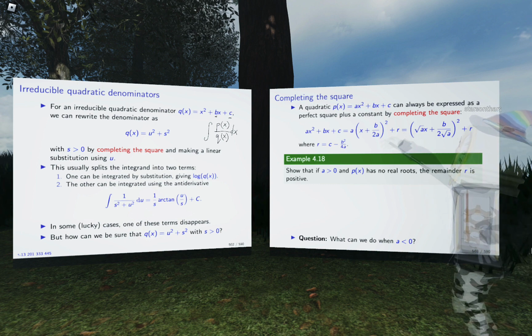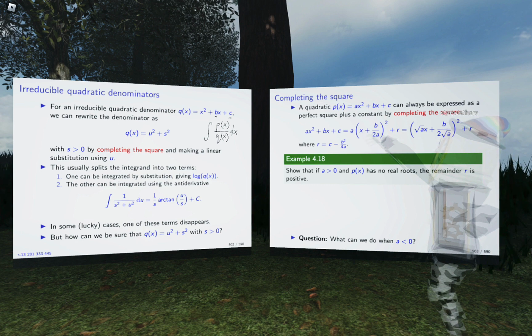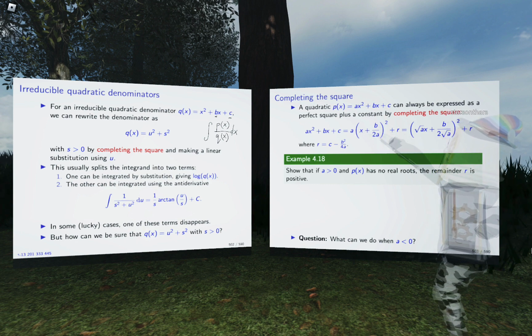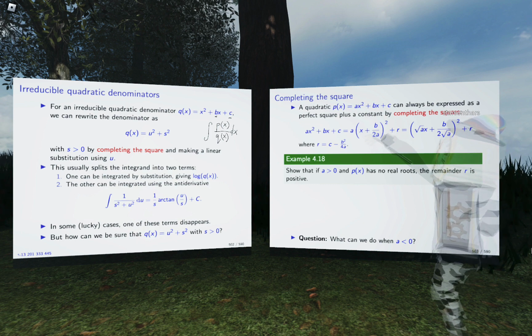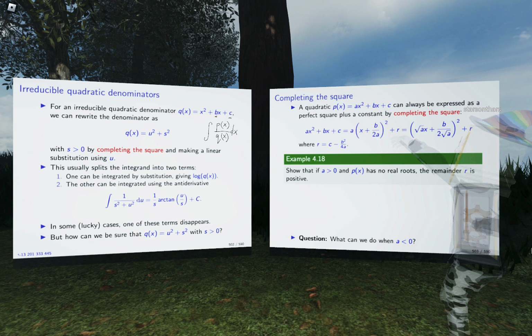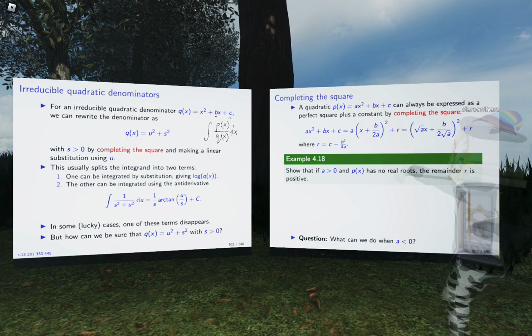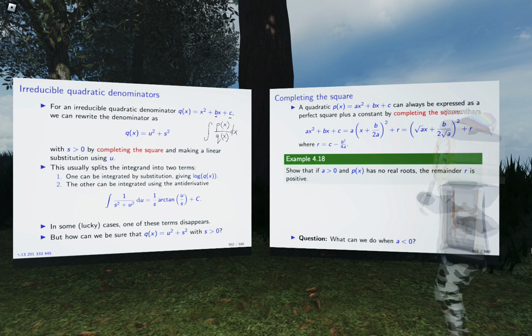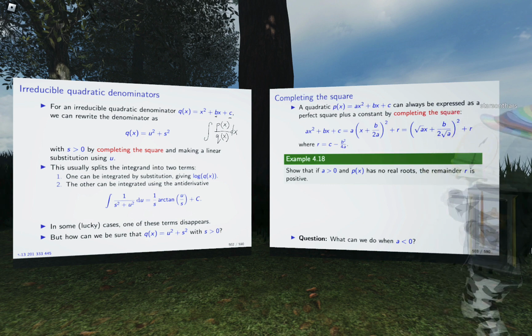So that's similar here. So you factor out the a, x plus b on 2a, that'll give you, when you expand the square, 2 times that. That'll be b on a x times a will give you bx, right? What is r? We'll just rearrange this equation to solve for r, and you'll find that r is c minus b squared on 4a. Okay.